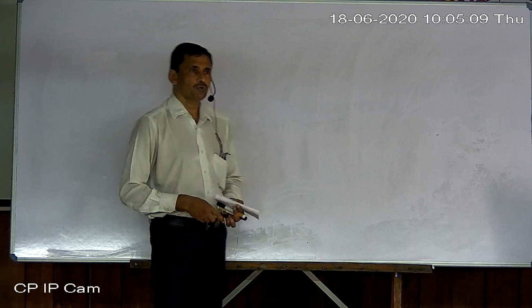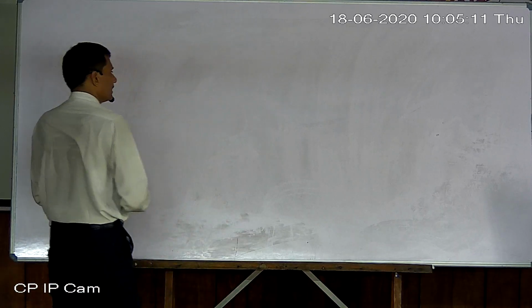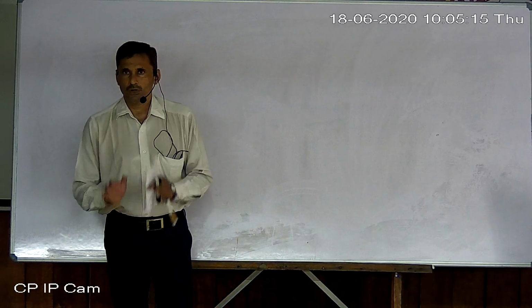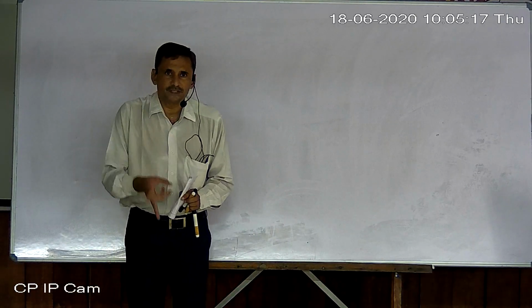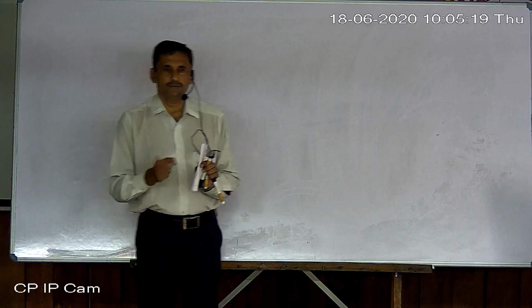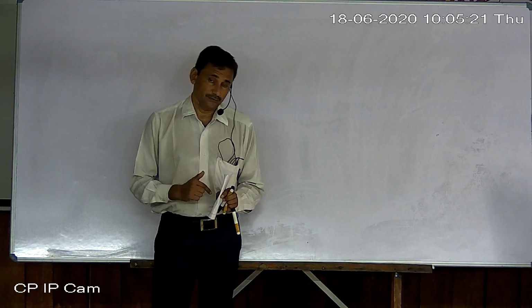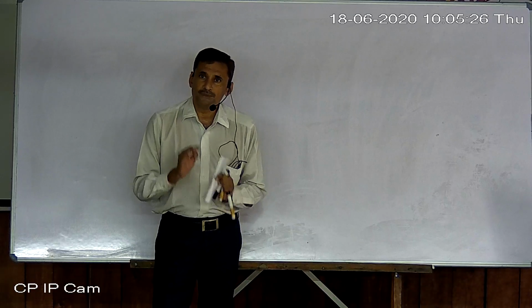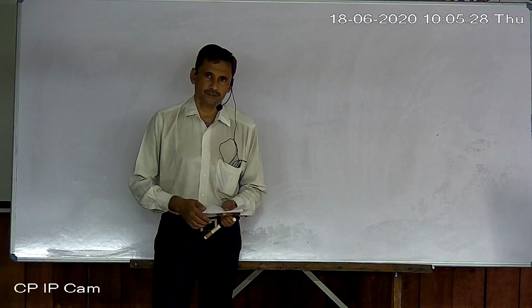Okay, so for that purpose you are given the sum and product of roots, not the roots itself. Instead of the roots themselves, you are given the sum and product of roots or of zeros. Root or zero, both are synonyms.